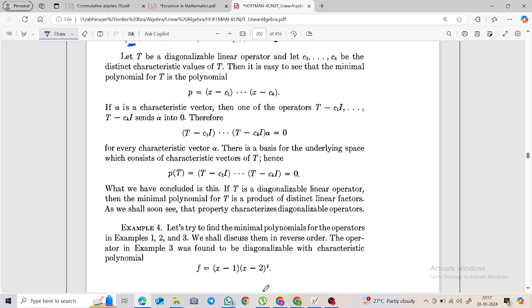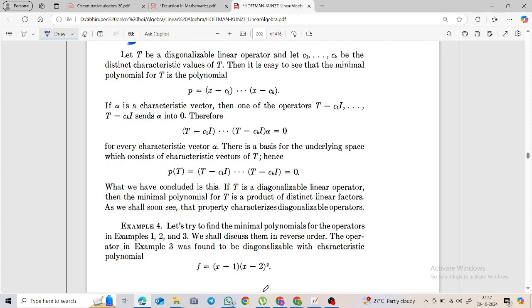Let T be a diagonalizable linear operator and C1 to Ck be distinct characteristic values of T. Then it is easy to see that the minimal polynomial for T is this polynomial. So what is the assumption?